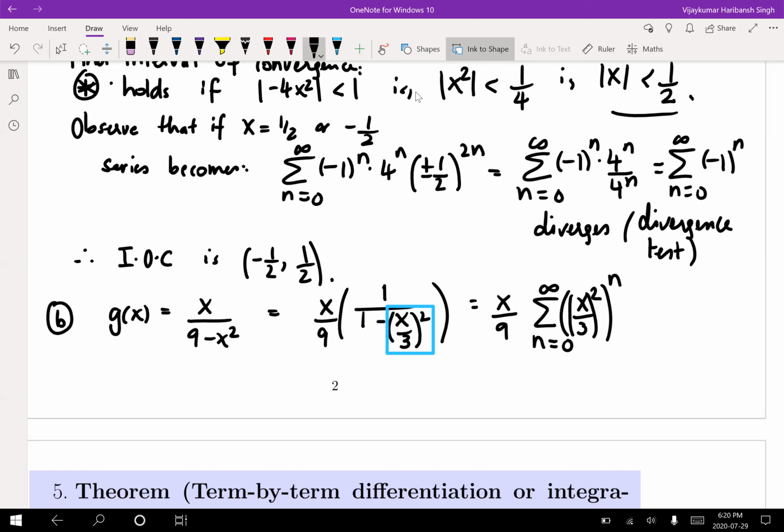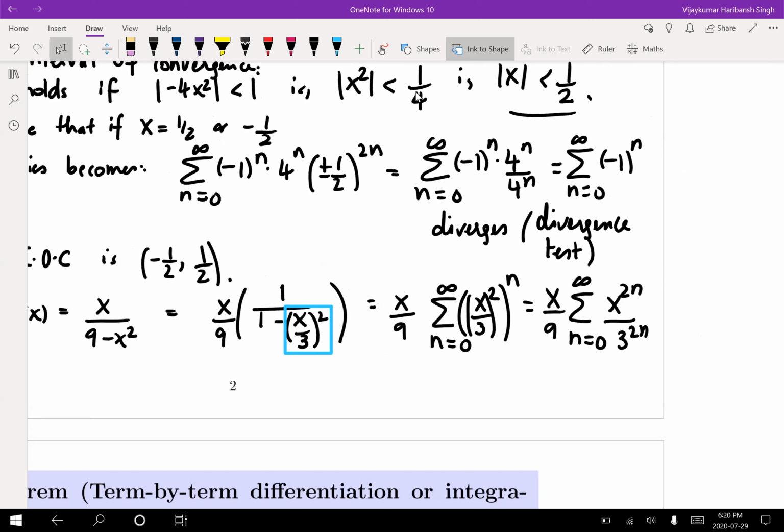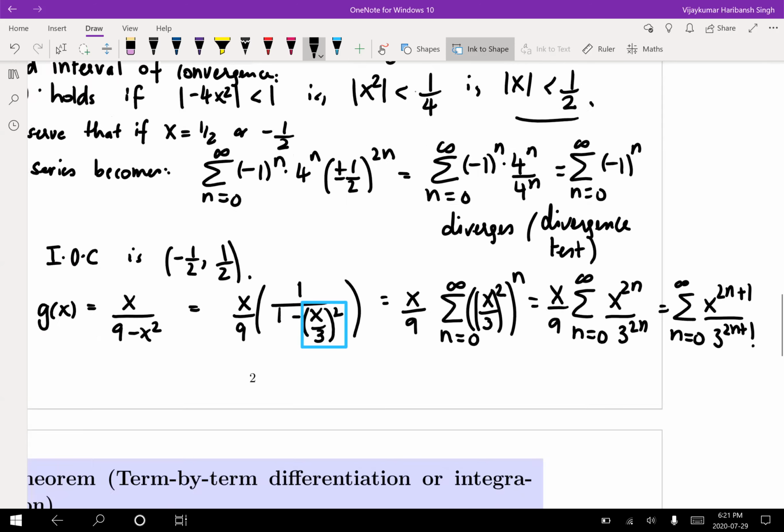So this will become x by 9 summation n equals 0 to infinity x to the power 2n divided by 3 to the power 2n, and that can be simplified to summation n equals 0 to infinity x to the power 2n plus 1 divided by 3 to the power 2n plus 1.